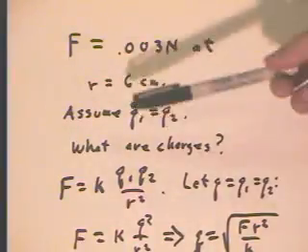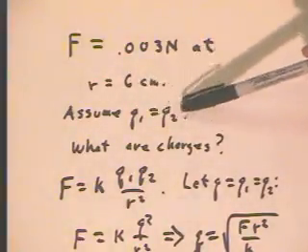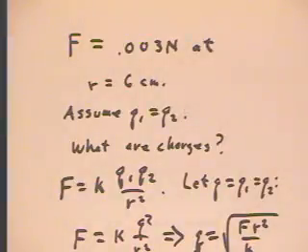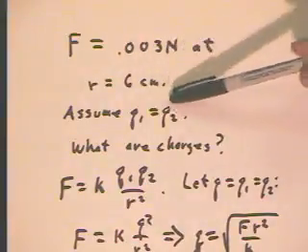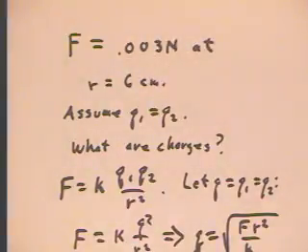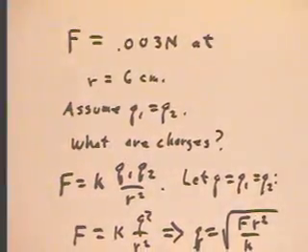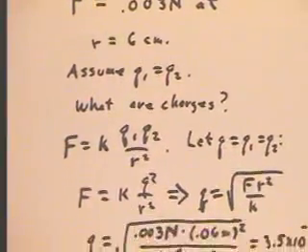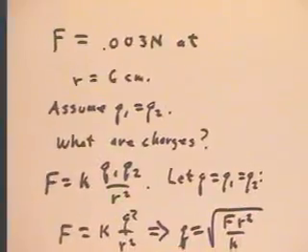Now, if we assume that both charges are equal, in other words equal and opposite, we want to determine what charges it would take to give us 0.003 newton force at a 6 centimeter distance. We could figure this out by proportionality.